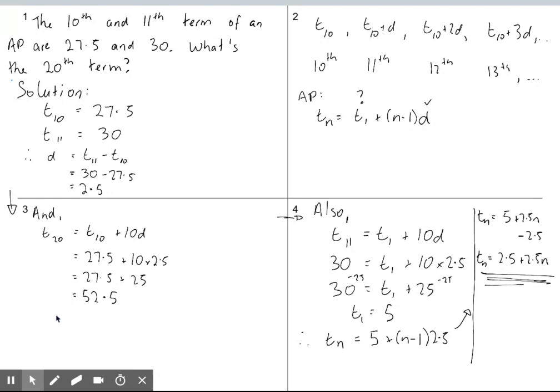Jamie. Is the general term 5 times n minus 1? 5 plus. Just the general form itself, which is T1 plus n minus 1 d. That's all I did. So we've got Tn equals 5 plus n minus 1 times 2.5. Alex.